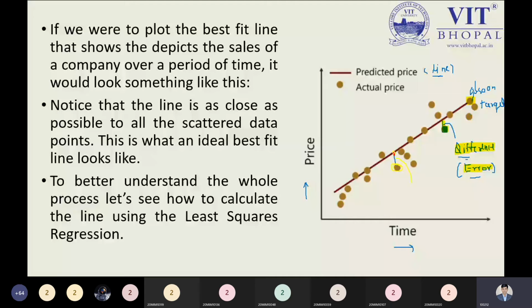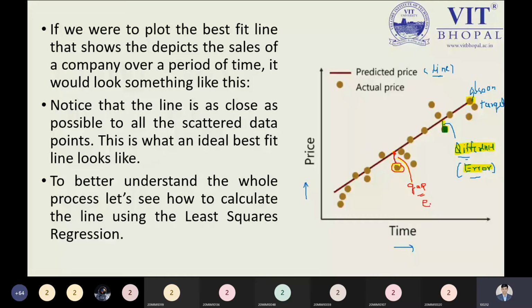The gap we are getting from this predicted line location to the actual data point is our gap. This gap is known as the error. This is the gap or the difference we have to identify. This is known as our error.